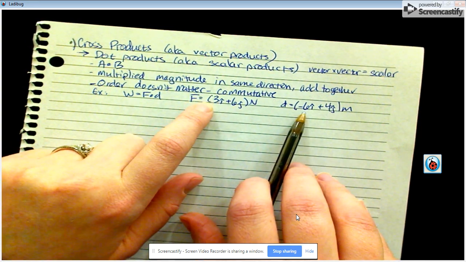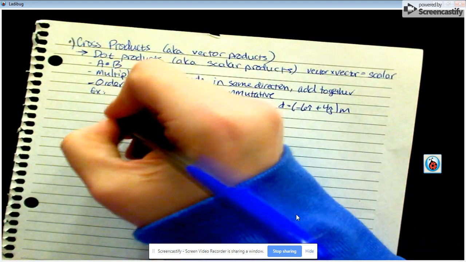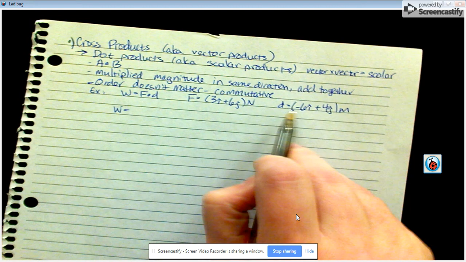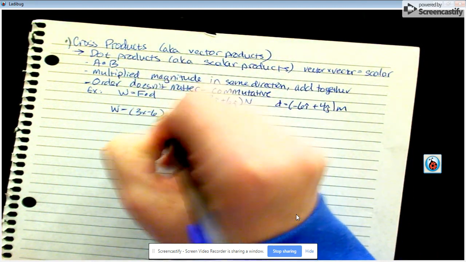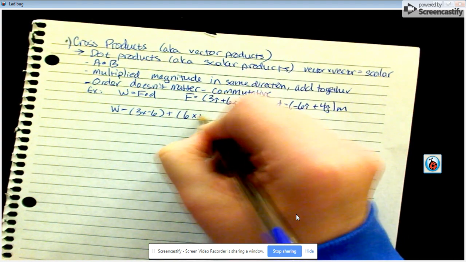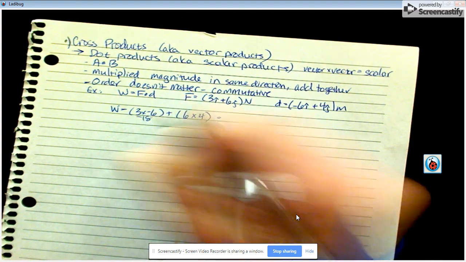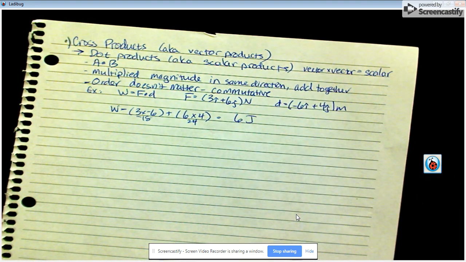So multiply our i hats, multiply our j hats, add them up. So our work will be 3 times negative 6 plus our j hat directions, negative 18, 24, ta-da, scalar product.